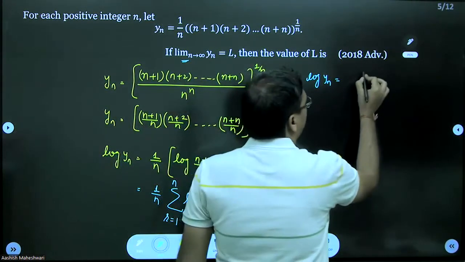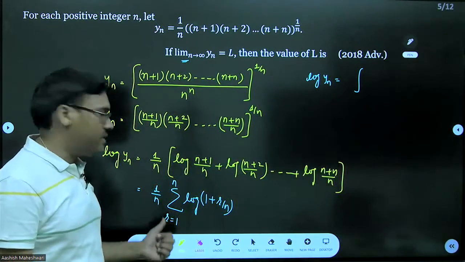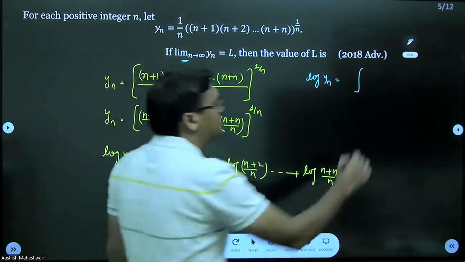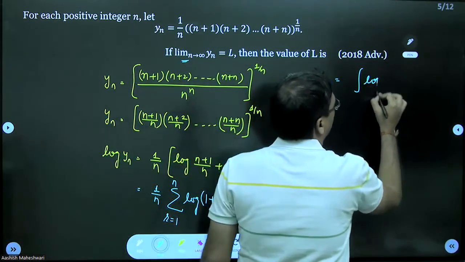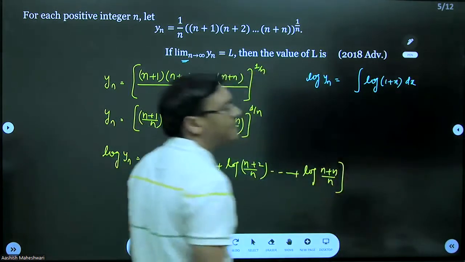If I apply limit n tends to infinity on this, what is this value? This is integral; 1 by n, n tends to infinity पर dx हो जाएगा, sigma will convert to integration, इसको हम r by n को x कर देंगे, this will become integral of log (1 plus x) dx. Correct?